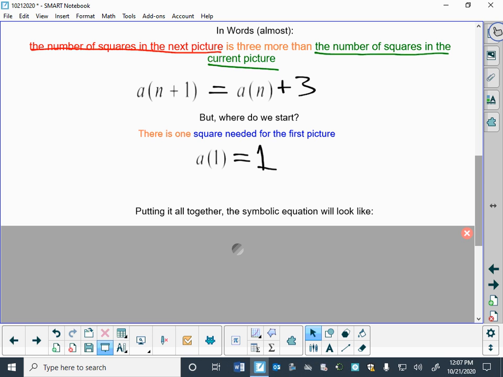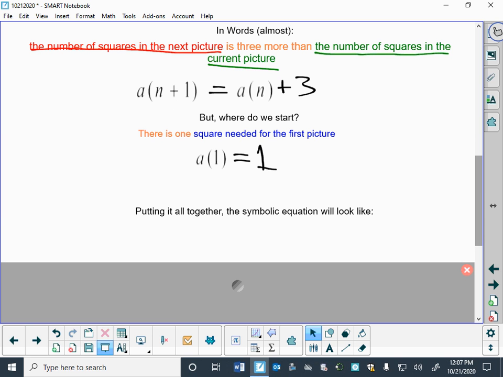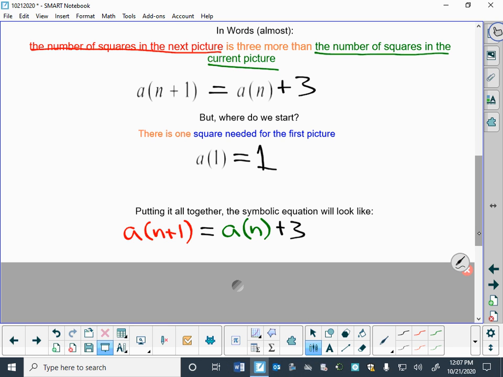So, putting this all together in symbolic form, I'm just going to write it all out right now and see if I can remember all of my colors. We would say that the number of squares in the next picture is equal to 3 more than the number of squares in the current picture. There's my current picture plus 3 more.